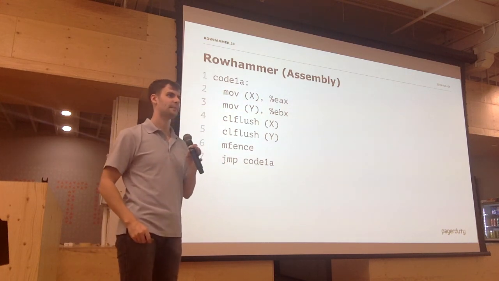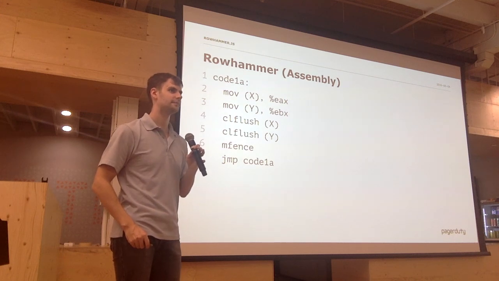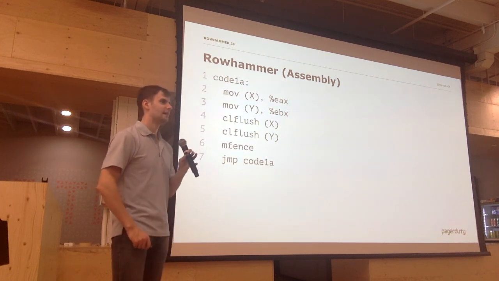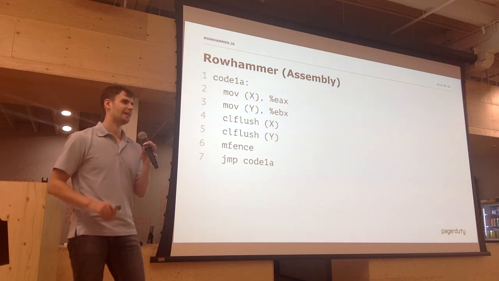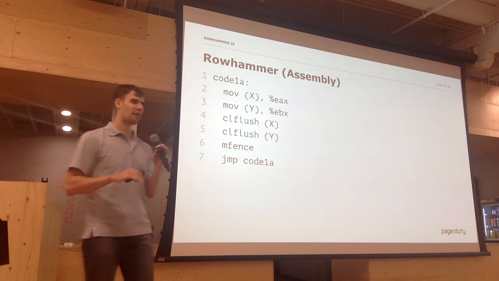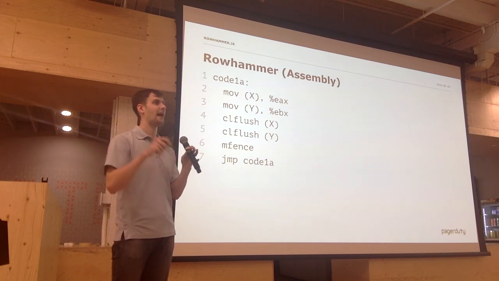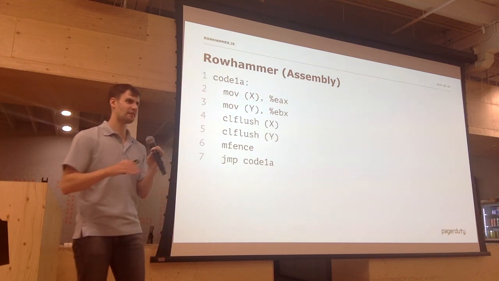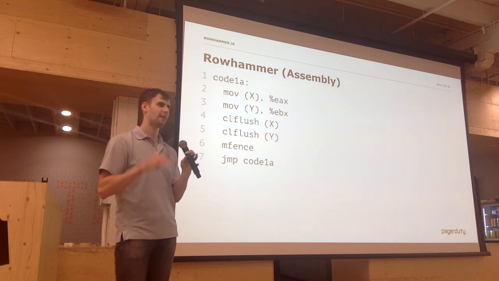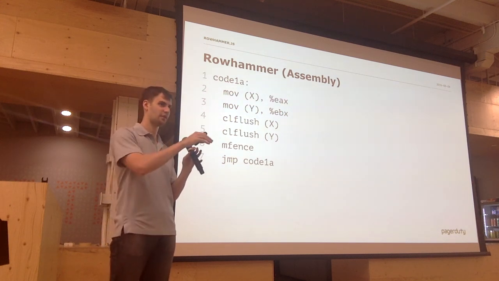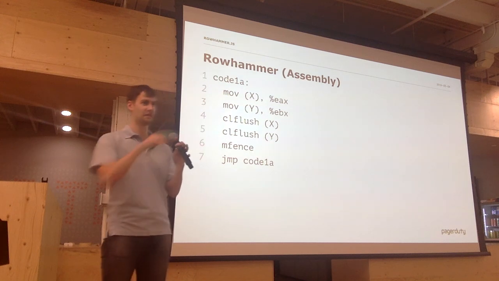Does it always only go from 1 to 0, or can it go the other way? It almost always goes from 1 to 0. Actually, the way it almost always goes is from charged to discharged. But some memory modules encode a 1 as charged, and some encode a 1 as discharged.